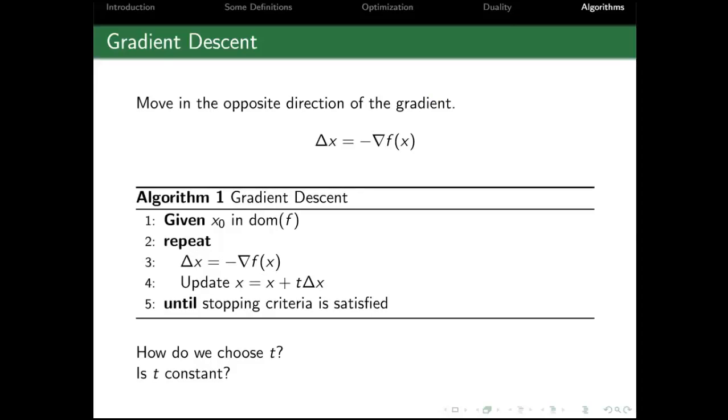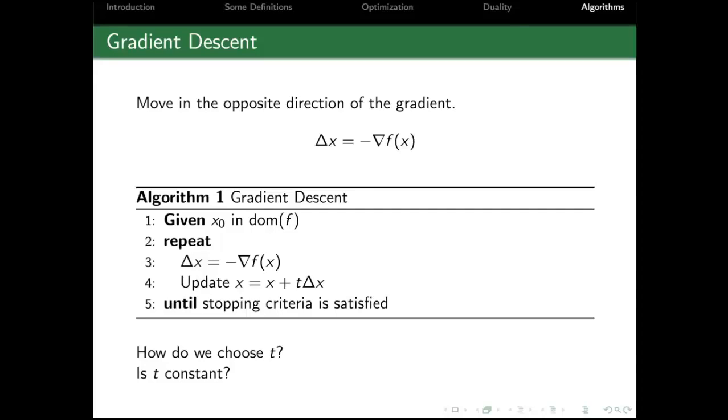Now let us formally look at gradient descent. We have intuitively seen that if we move in the direction opposite to the gradient we will reach the minima. We'll state it as an algorithm. If you start at x0 in the domain of f, you can update in every iteration x as x plus t times delta x, where delta x is minus gradient of f of x.